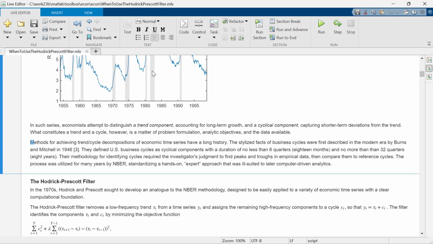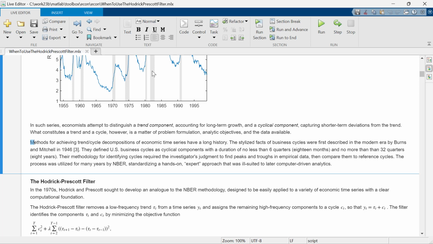This was used for a long time by NBER to determine where the business cycle was in aggregate macroeconomic data and to determine the turning points in the data and the beginning and the end of recession periods.